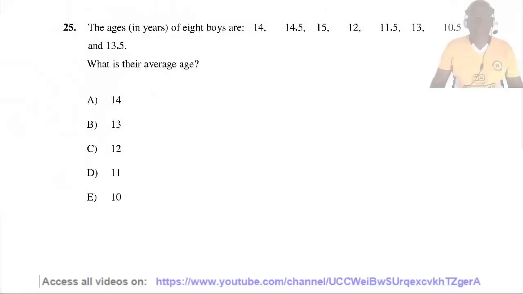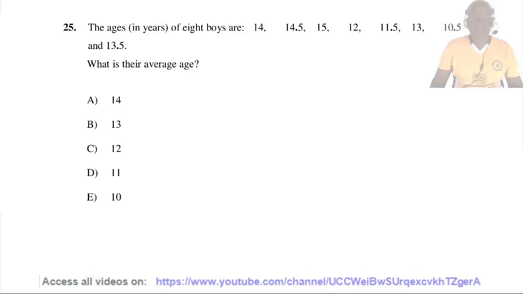Question 25. The ages in years of 8 boys are 14, 14.5, 15, 12, 11.5, 13, 10.5, and 13.5. What is their average age?